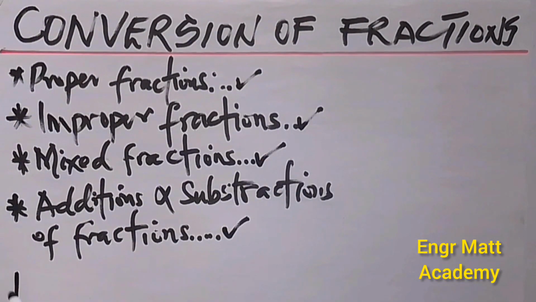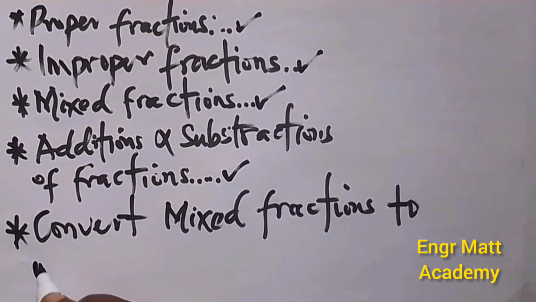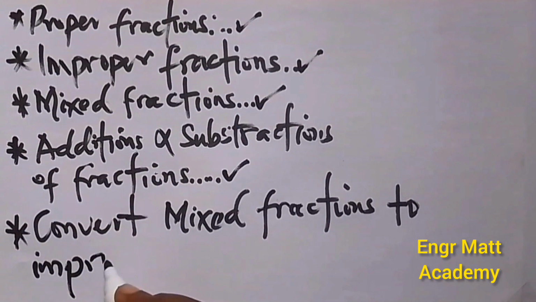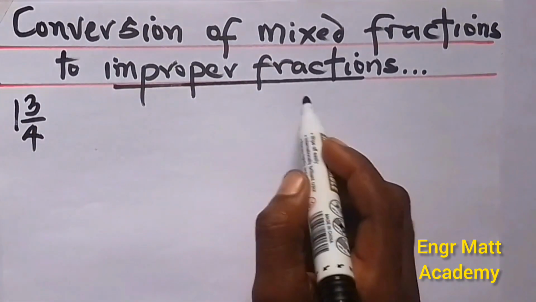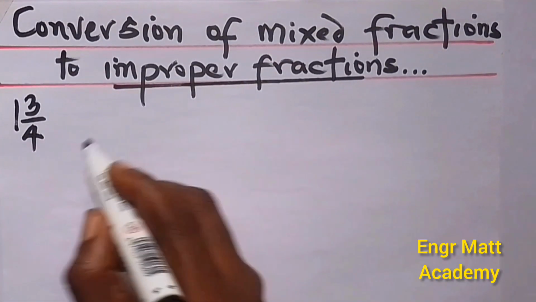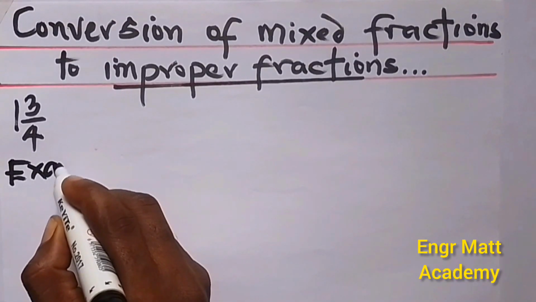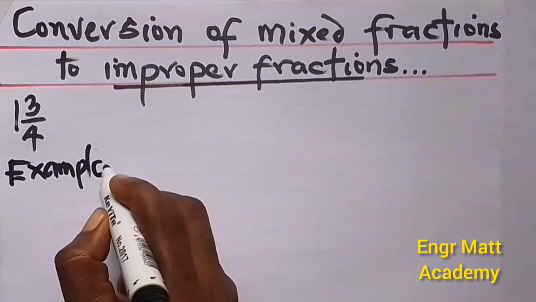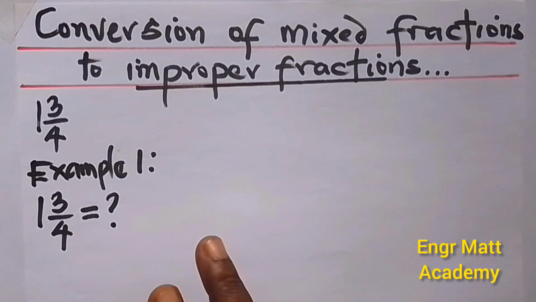Now, today we are going to talk about how to convert mixed fractions to improper fractions. How do we convert this into an improper fraction? So let's take that as our first example for today. In a problem like this, there are 3 easy steps we need to take.